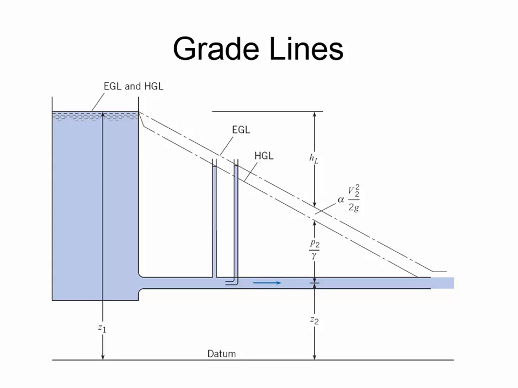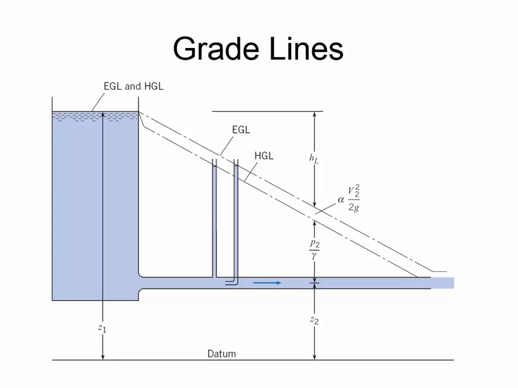The energy grade line is all three terms of the energy equation: EGL is P divided by gamma plus Z plus V squared divided by 2g. So at any point in the system, you can find out how much energy is there by adding up the sum of those three terms.